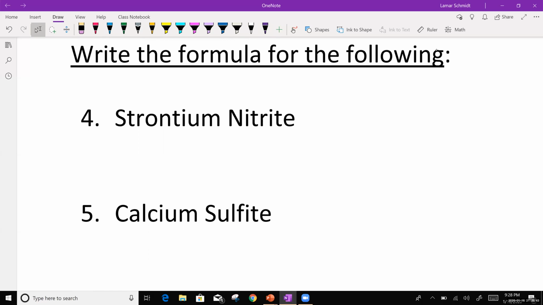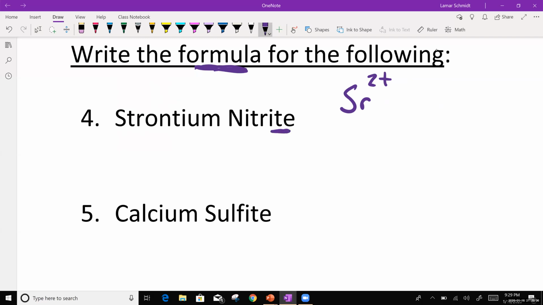You have strontium. Strontium is Sr, and now you're going to write the formula unit. You have to make sure you're looking at the charges. The charge on strontium, if you look at your periodic table, is 2+. You have to find the formula for nitrite.